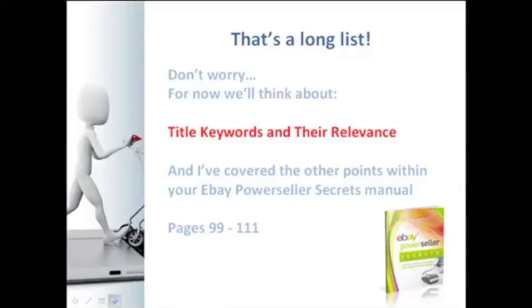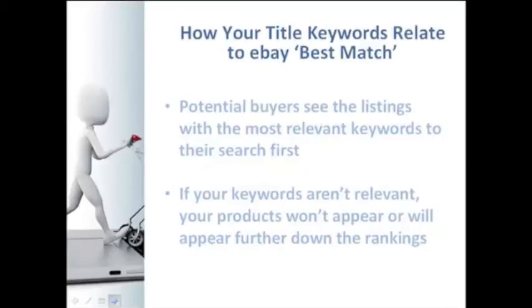So for now, we're going to think about the title keywords and their relevance. So how do your title keywords actually relate to eBay Best Match? Well, potential buyers see the listings with the most relevant keywords to their search first.